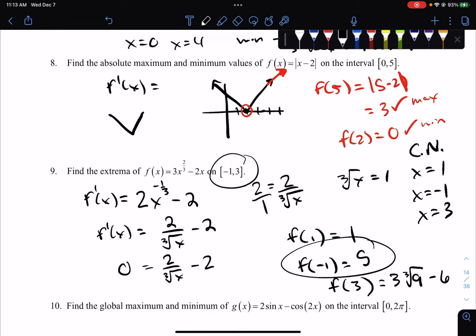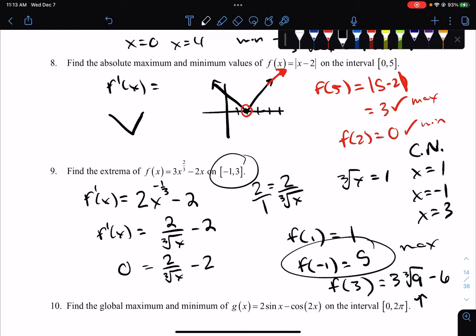I don't think they would expect you to know that one. That's going to be our maximum. I don't think that's one that they're going to expect you to do in your head. This would be kind of a calculator question. But if you're curious about this, cube root of 9 is hard to do. Cube root of 8 is really easy.